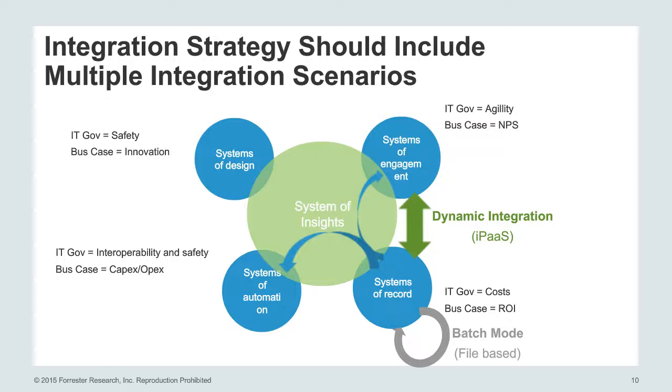But what will come in the future, as we are developing and as we are separating system of automation from system of record, we will get additional integration capabilities or requirements. For example, connecting system of automation to system of records, or connecting system of automation to system of engagement, will require what I'm calling operational integration.